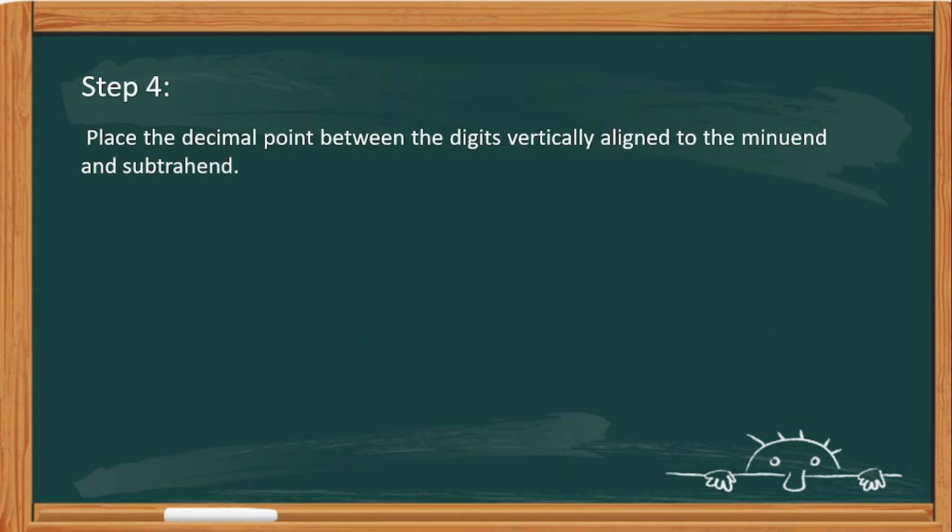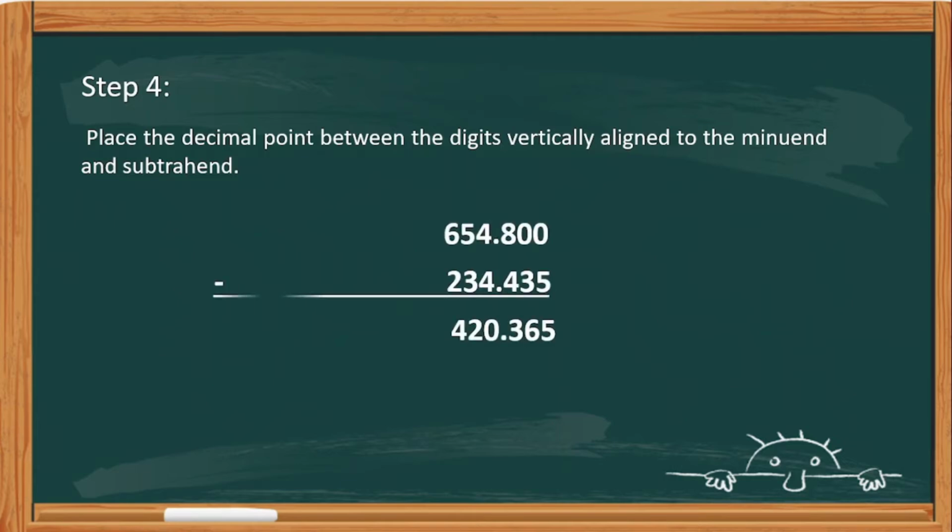Place the decimal point between the digits vertically aligned to the minuend and subtrahend. So 654.800 minus 234.435 is equal to 420.365.